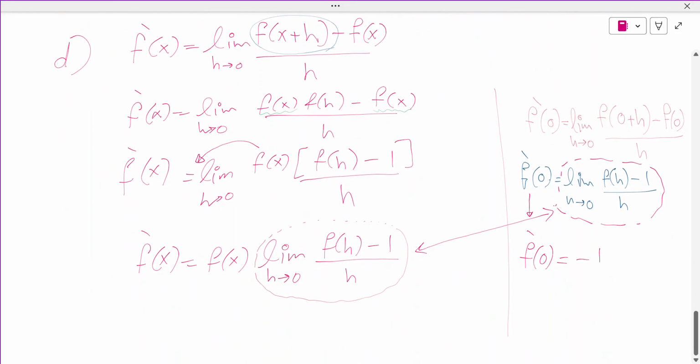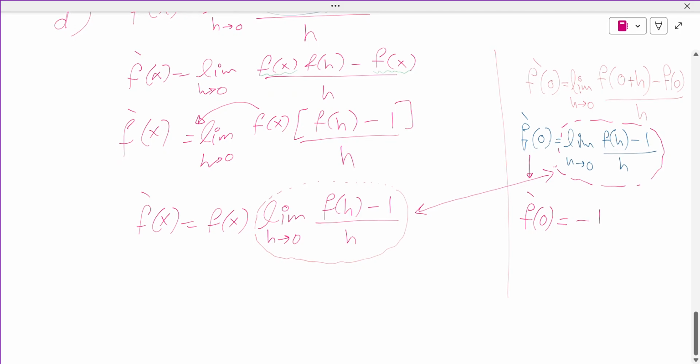So we can replace the whole limit with negative 1. So you've got f prime of x equals f of x times negative 1, which is minus f of x. This is the f prime of x as a function of x. It's negative f of x.